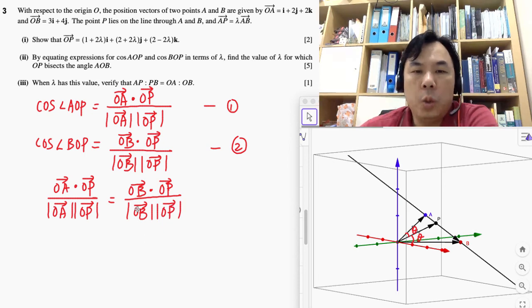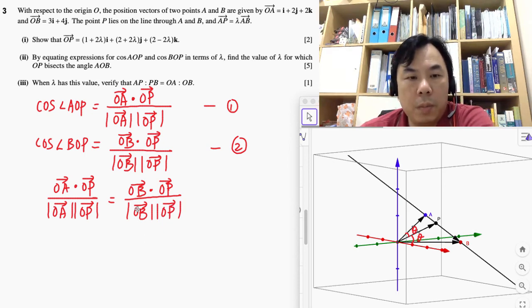Right now, notice that in this case the OP can be removed because they are of the same magnitude. So therefore, all we need to do is just work out the rest here. So from here, it will be OA with OP.